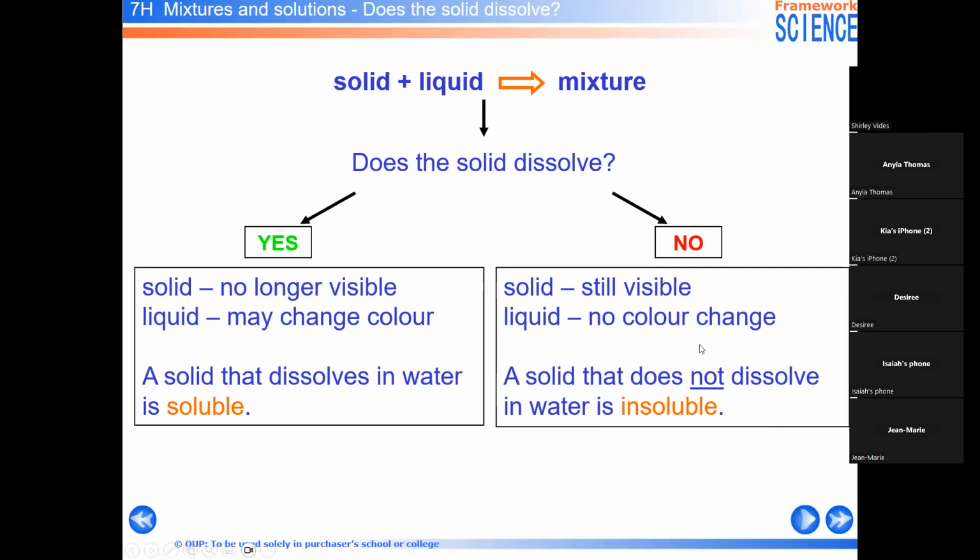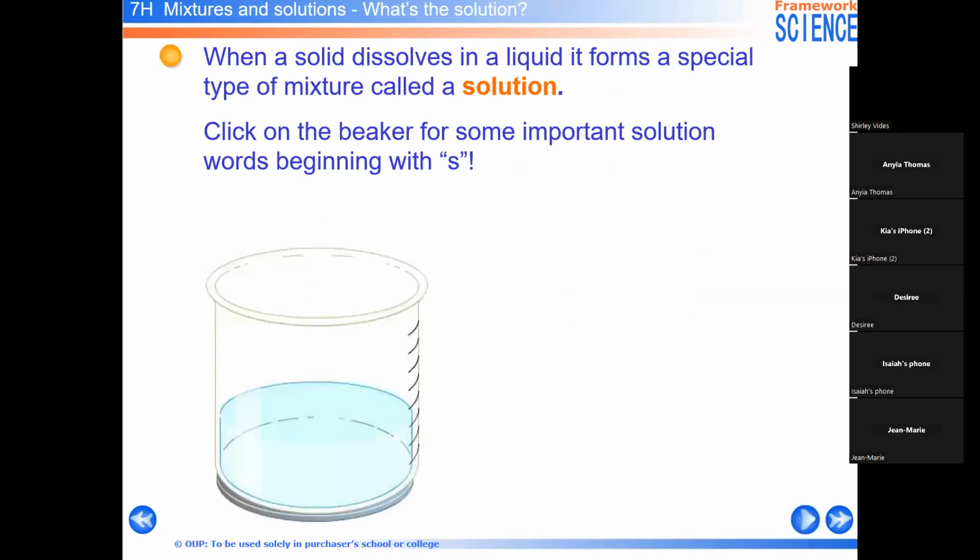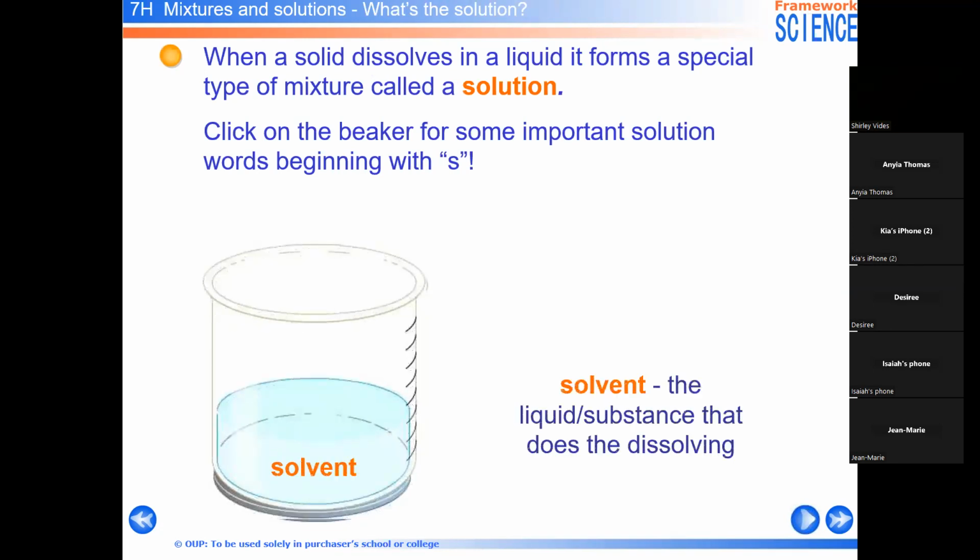Okay, so that's what this is talking about. All right, so these are some terms that we need to know. A solution, we know what it is, but there are other things we need to know about a solution. When you put something into something, the liquid that you're putting it in is known as the solvent.